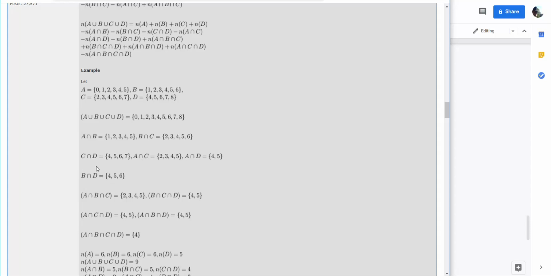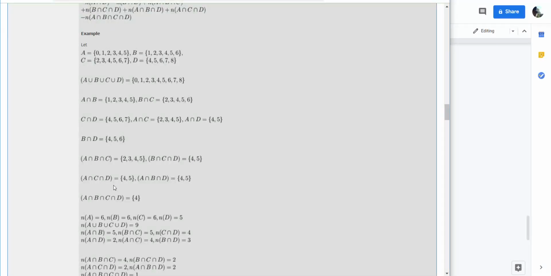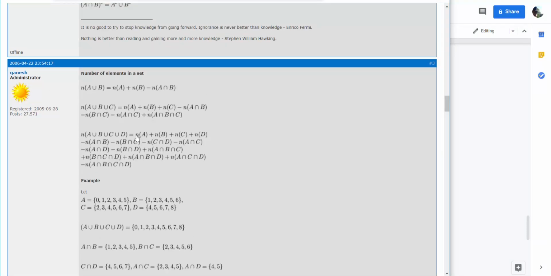So basically we've listed all the possible outcomes from the intersections, because we want to achieve this formula here. We know the number of elements in A union B, where n means the number of elements.